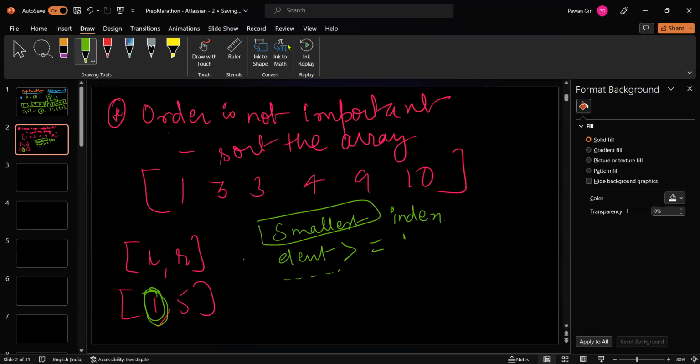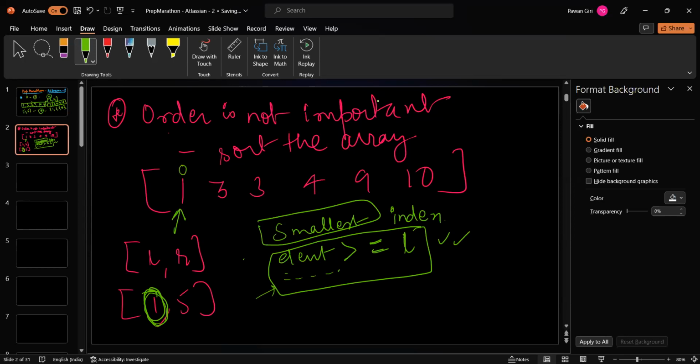That's why sorting an array is very useful when you want to perform some queries or operations on it in future. So here, using binary search, I can find the smallest index where the element is greater or equal to my L. My L is 1 and this is the smallest index.